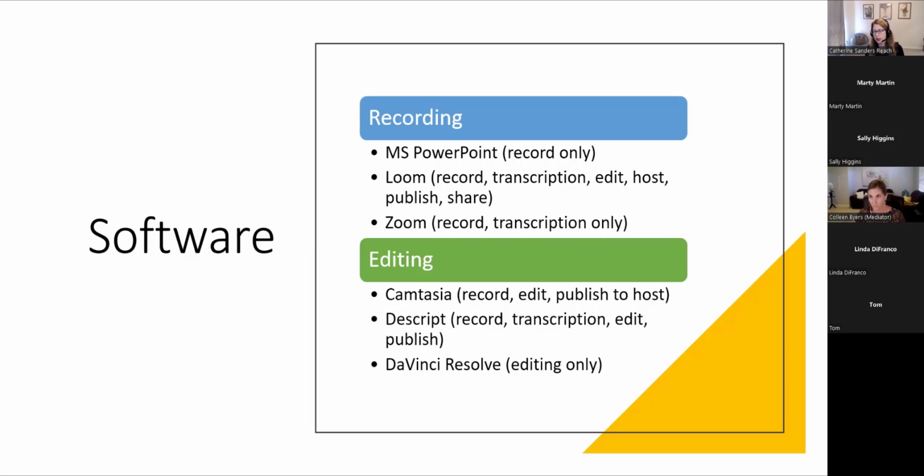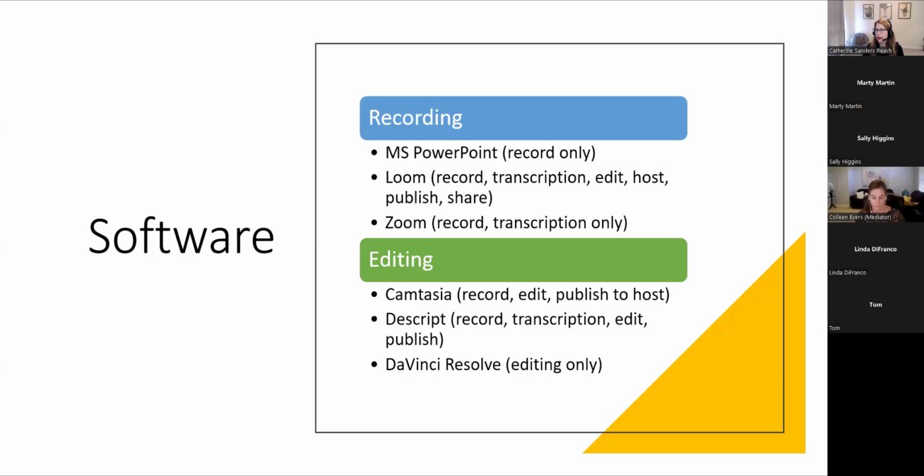Then this other tool that I just started playing with is called Descript. There's a download element to it. There's an extension for your browser, and it will let you record video and your screen, transcribe it, edit it, and publish it to Descript. So you can use Descript as the publishing host, or you can push it to YouTube or Vimeo or wherever you want to put it.